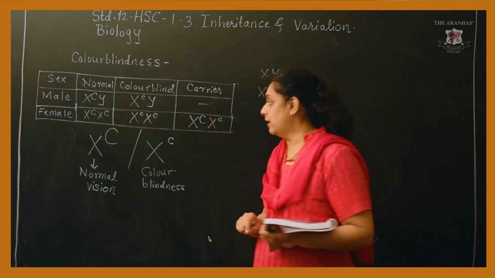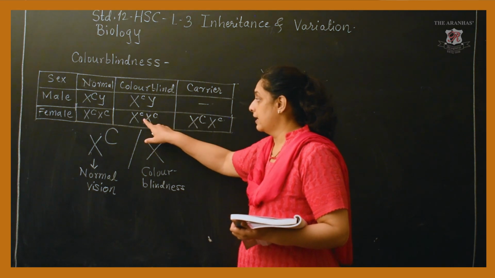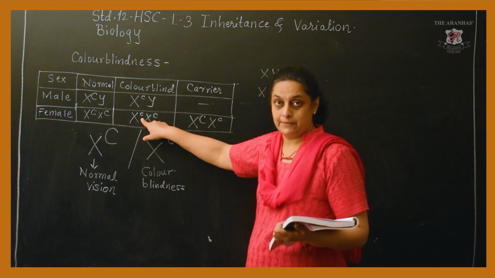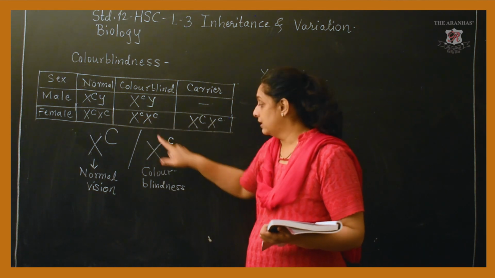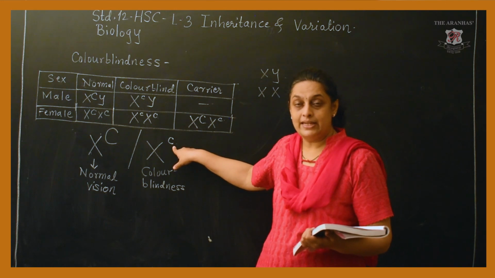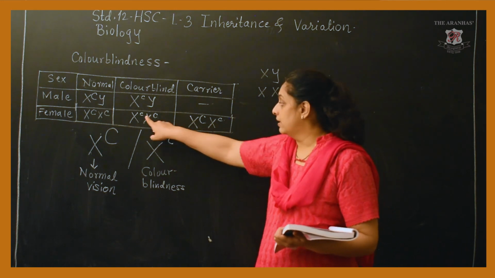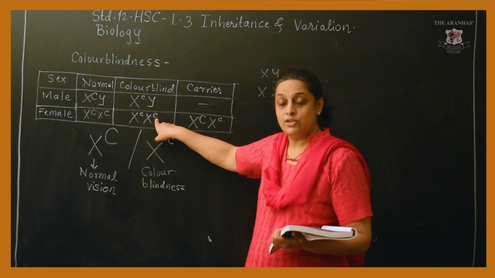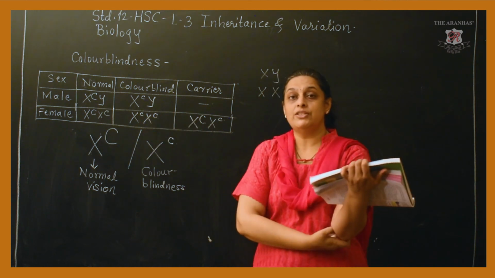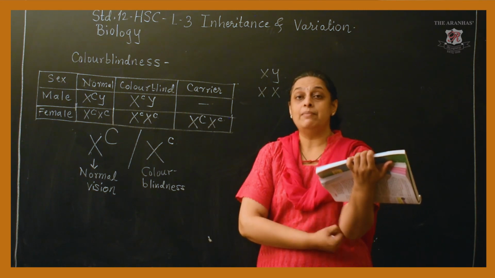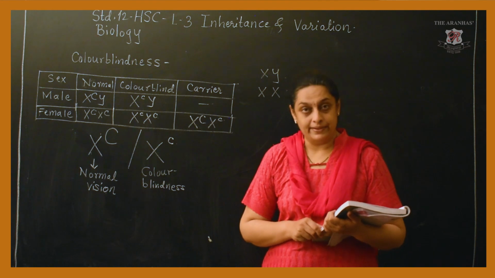Now, the second possibility: both X chromosomes have the gene for color blindness, small c and small c. So on both X chromosomes, the genes for color blindness are present. Then the female is said to be color blind.